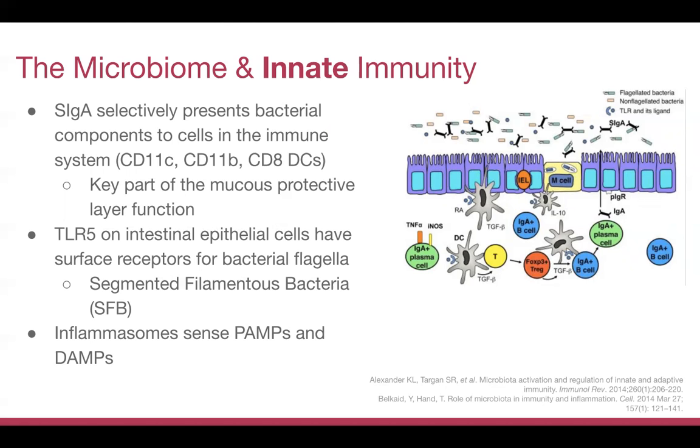These are referred to as segmented filamentous bacteria, or SFBs, and they're considered a keystone species in the gut because they interact closely with the mucosal tissue via tight adhesion to Peyer's patches and epithelial cells. This allows a heightened immunity and protective response to pathogens.